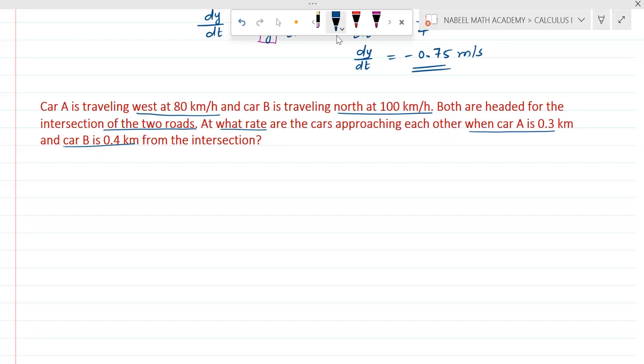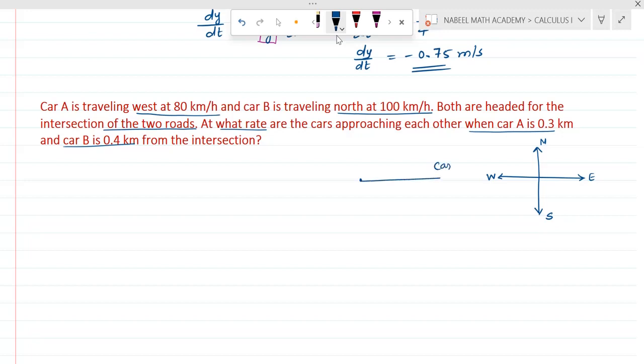Before going to this one, we have to know the directions: this is north, this is west, this is your east, and this is the south. Now here it is asking, this is the intersection part.